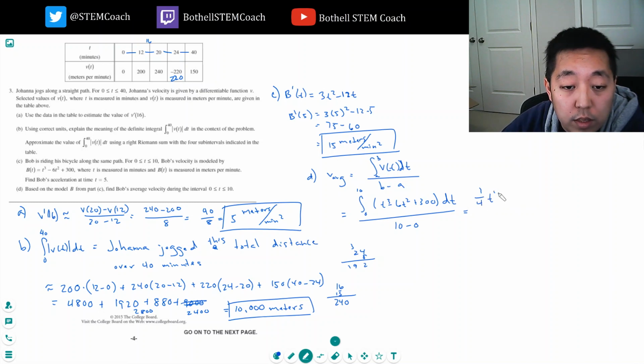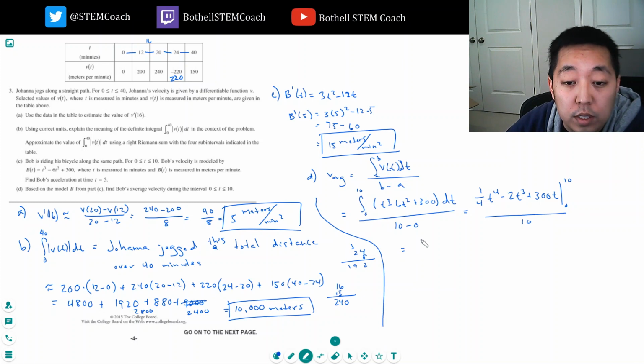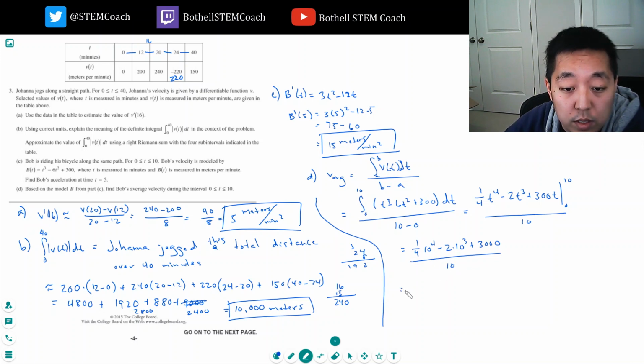1/4 t to the 4th minus 2t cubed plus 300t, evaluated from 0 to 10, all over 10. Let me draw lines to separate this out. That's 1/4 times 10 to the 4th minus 2 times 10 cubed plus 3,000, divided by 10. So this cancels.